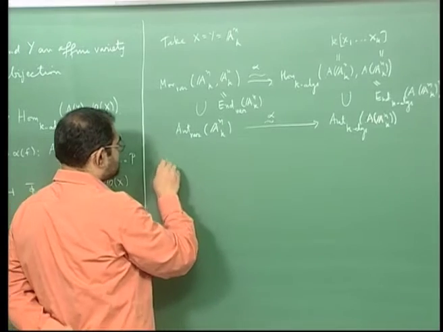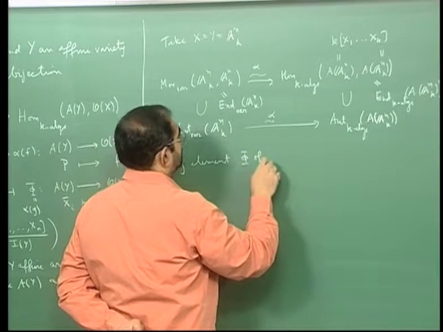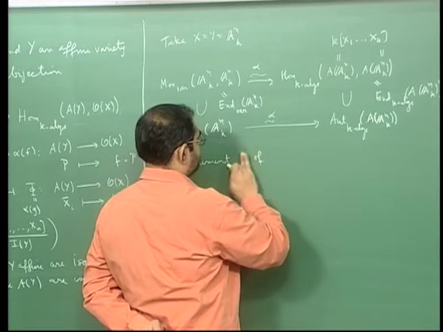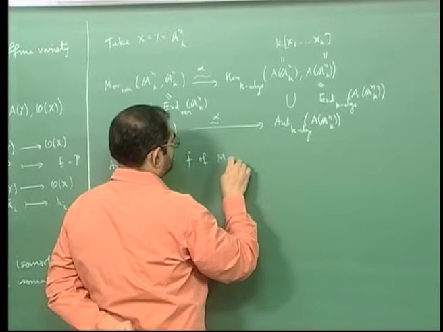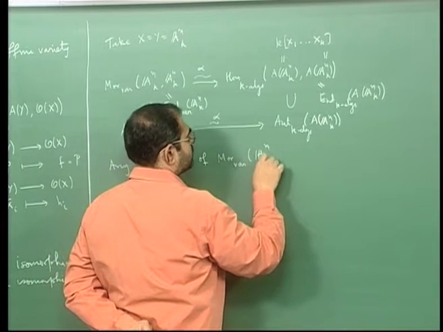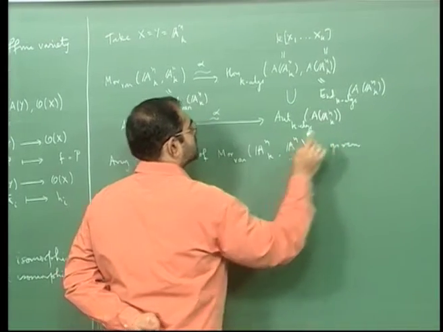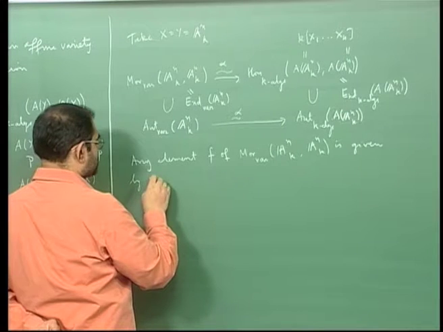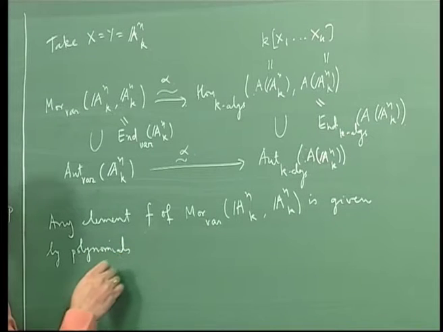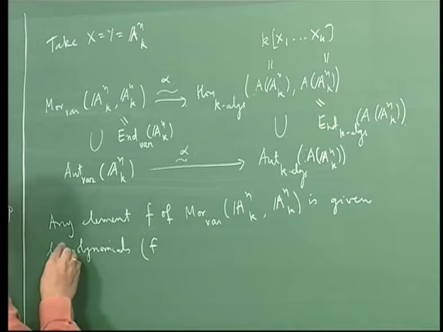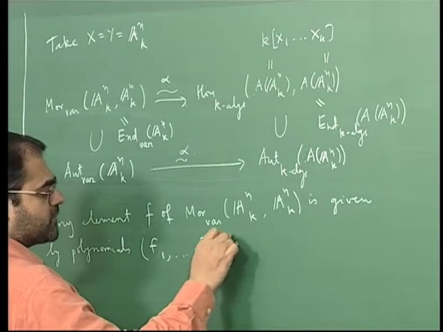Any element f of morphisms of varieties from an to an is given by polynomials, in fact let me write this, f1 etc fn in n variables.